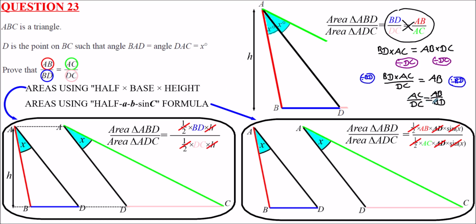I've just been a bit silly and wrote it the wrong way round. So based off this, if I just switch the order around, I can then say that therefore AB over BD does equal AC over DC.